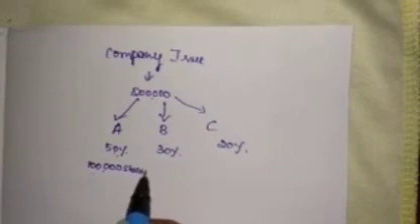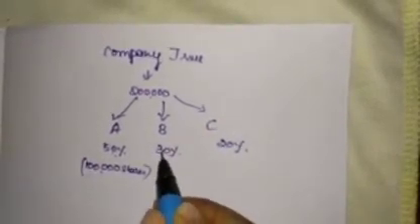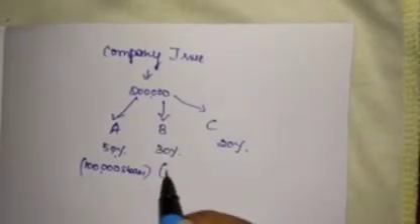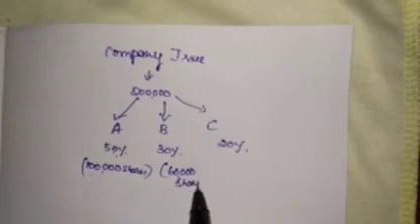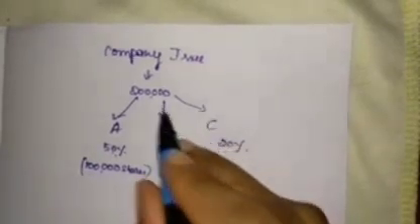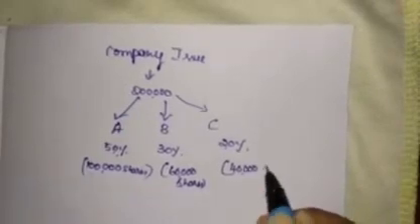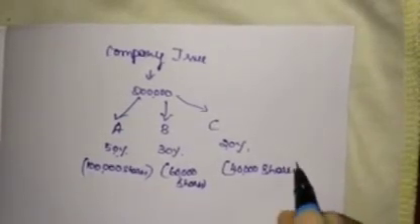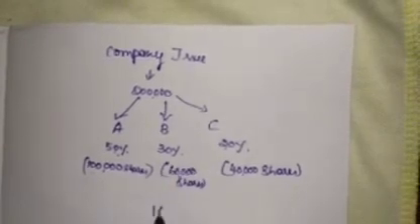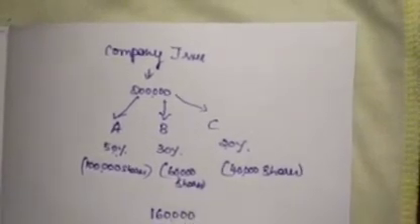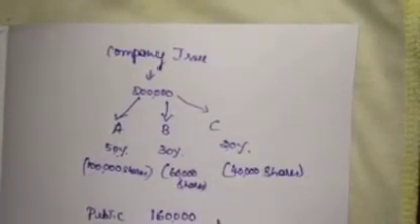B guarantees 30% of 2 lakh, that is 60,000 shares, and C, 20%, guarantees 40,000 shares. And from the public, 1,60,000 share applications were received.